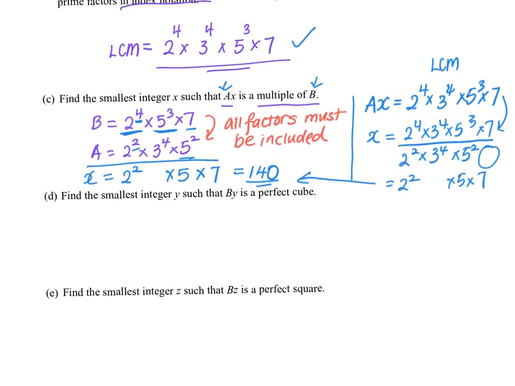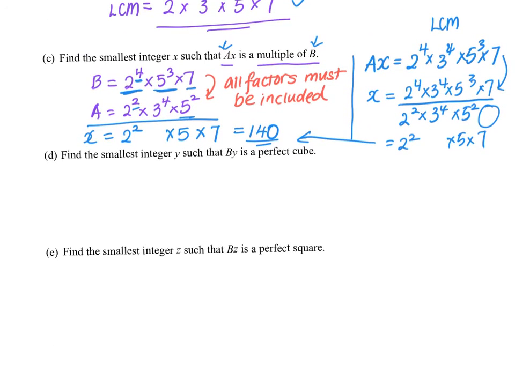Oh, one period already. Next question. Find the smallest integer y such that B times y is a perfect cube. B is the number 2 to the power of 4, 5 cube, 7. So they must be in groups of 3. Which of these is not a perfect cube? 2 and 7. Now when I'm taking B times Y, I'm multiplying something, right?